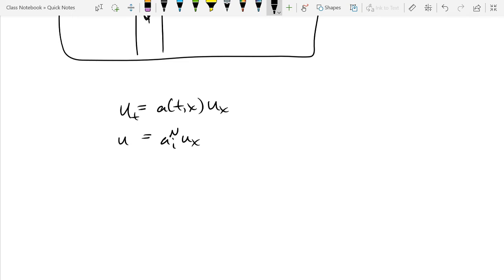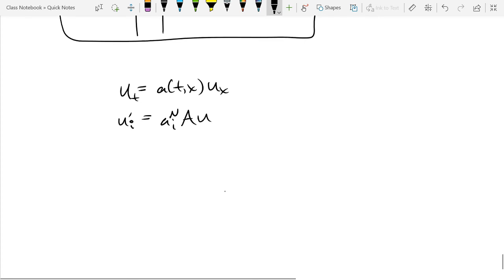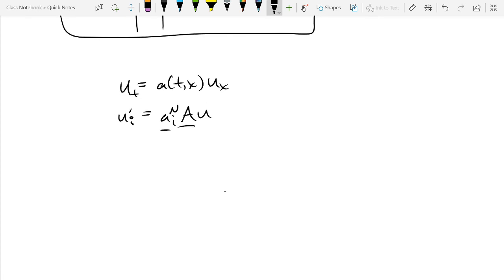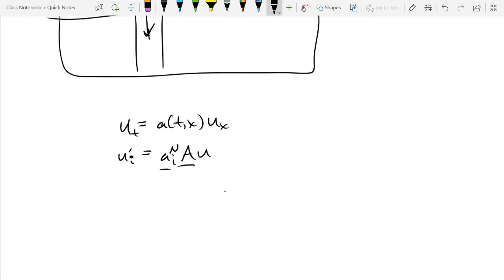Well, u prime equals, now let's also do the spatial discretization for a method of lines. So you have ODEs for each point in space. These are given by this A, and now we have the upwinding operator, this big A, U. This upwinding operator needs to take into account this A, because this is the local direction of how the hump is moving, right?